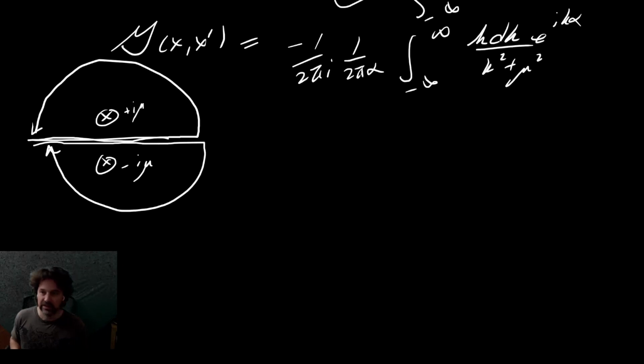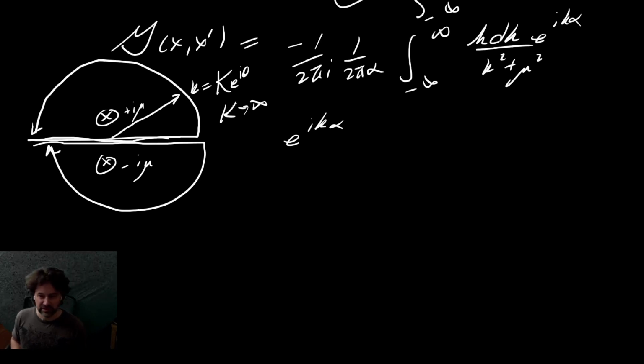So if we look at our numerator, that's going to be the key. We have e to the i k alpha. Let's say that we make a parameterization of k. K is now a complex number, K equals big K e to the i theta, where big K is going off to infinity. This is our big K now instead of a little k, or a script k, or a vector k.